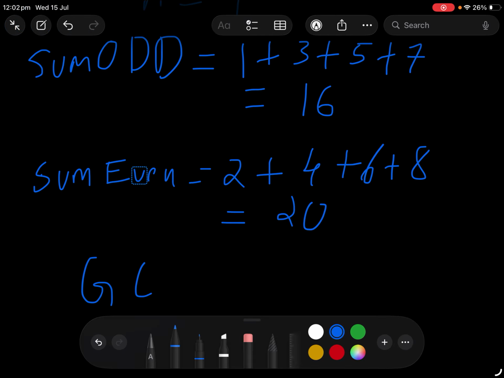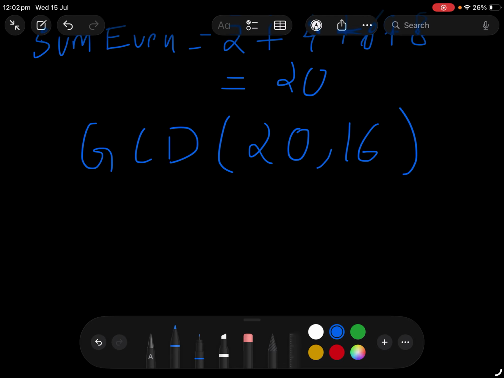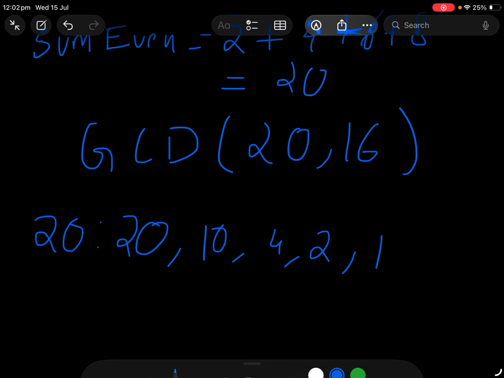So the GCD of 20 and 16 will be, okay, so what is GCD first of all? If I write the divisors of 20, that is the numbers that can divide 20: 20 can be divided by 20 itself, 10 can divide 20, 6 cannot divide, sorry, 4 can divide 20, 2 can divide 20 and 1 can divide 20.